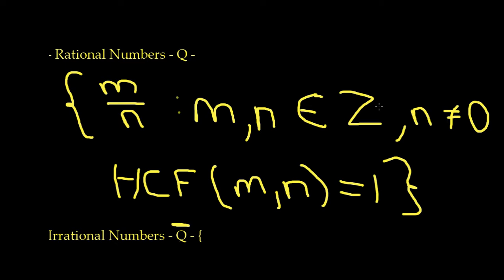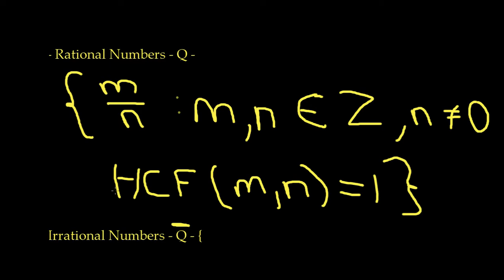So that means that m and n are not fractions themselves, they're not decimals, they are integers. So they could be positive or negative. But n cannot be equal to 0, because we cannot have a fraction where m over n is undefined, which would happen if we had 3 over 0 or 5 over 0. We know it doesn't work out.